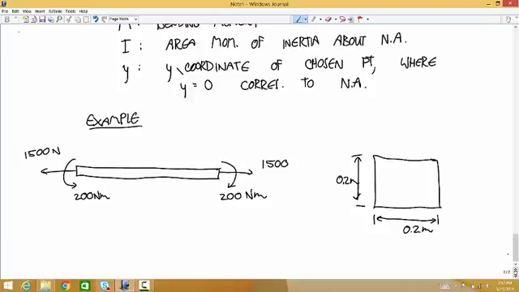And let's calculate, right at the midpoint, the stress tensor at the top, middle, and bottom of the cross section.